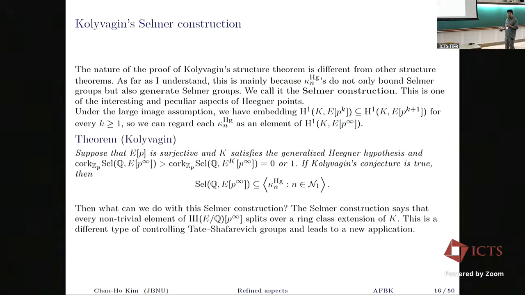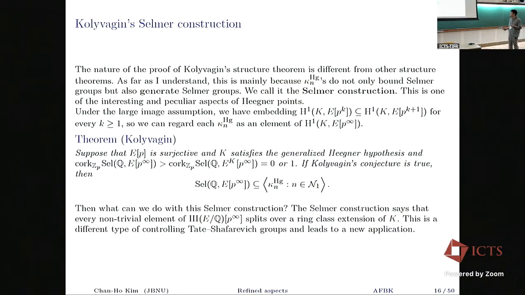Here is one of Kolyvagin's theorems, in the middle of the proof of his structure theorem. Suppose that E[p] is surjective and K satisfies the Heegner hypothesis, and the rank of the original curve is larger than that of its quadratic twist. If Kolyvagin's conjecture is true, this Selmer group actually lies in the module generated by all the kappa_n Heegner classes.